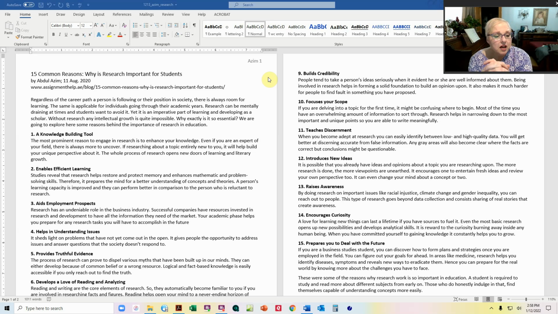Number 4, it helps us understand issues. And there are several of these that are really linked together. But in this one, I think the point is that when I go out and read about something, I can gain a better understanding of what the issue is. And I might be able to even discover things that I've never heard about.